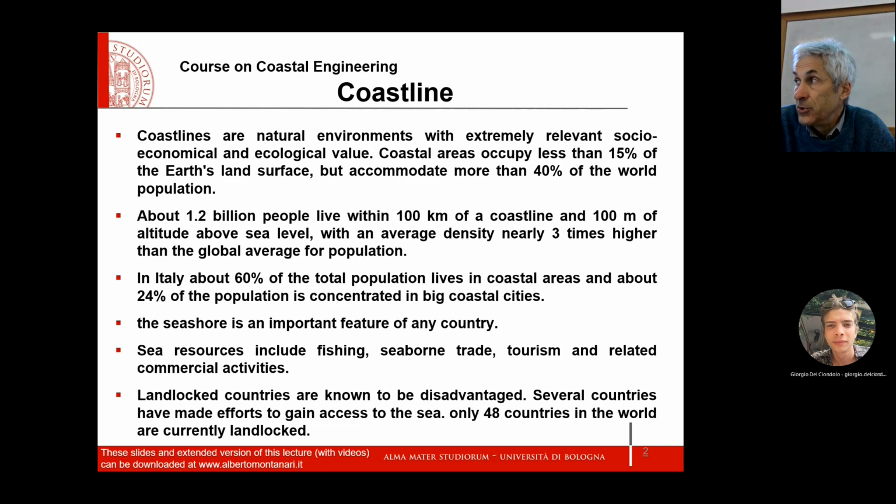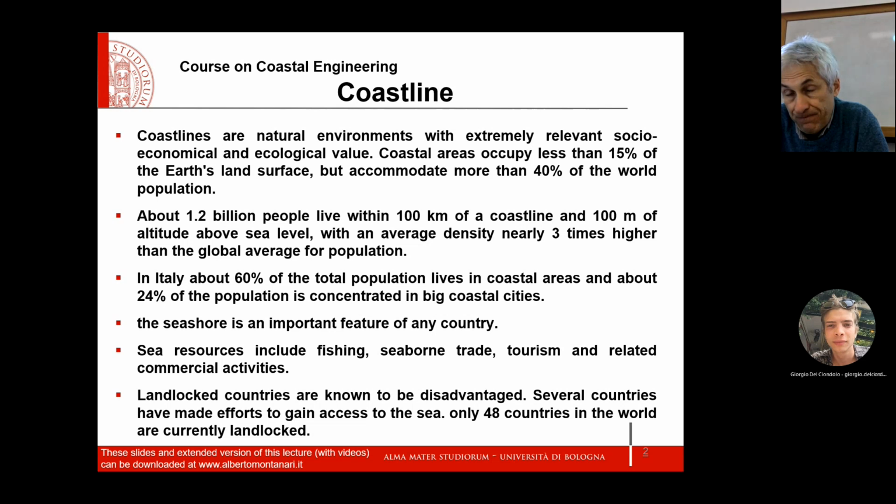and ecological value. The coastal areas occupy less than 15% of the Earth's land surface, but accommodate more than 40% of the world population. So you understand that it's an area with limited extension, but a high population density. And the fact that there is a high population density means that they are extremely important in the socio-economic context.